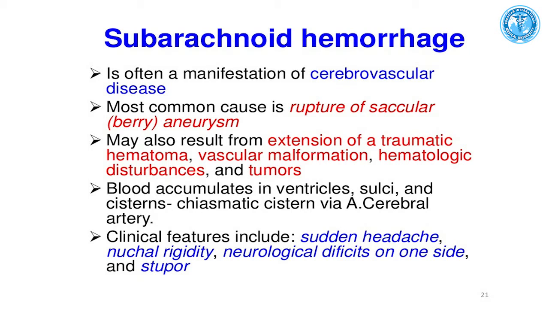Blood accumulates in ventricles, sulci, and cisterns. Clinical features include sudden headache, nuchal rigidity, neurological deficits on one side, and stupor.